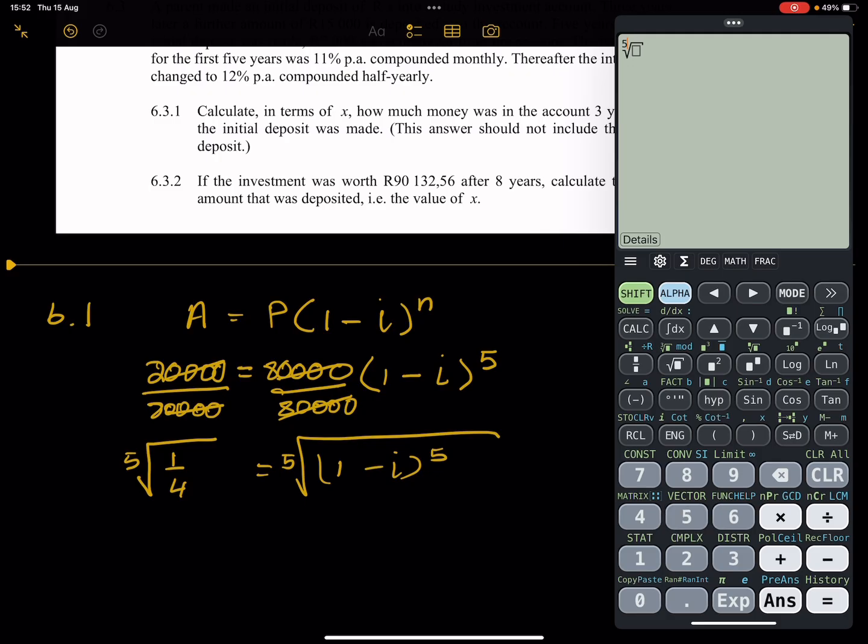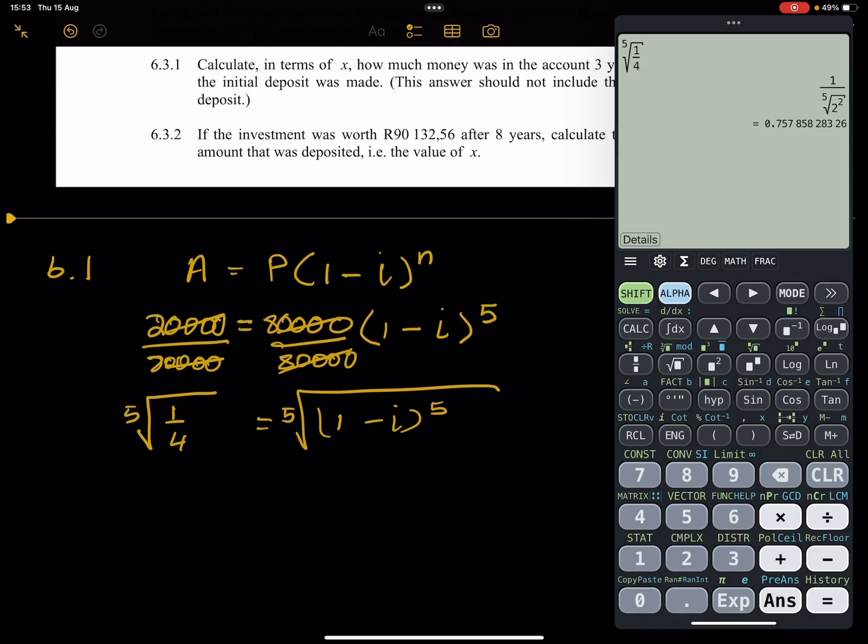Okay, and I get a value of 0.76, right? So that means 1 minus i would be equal to 0.757, right?